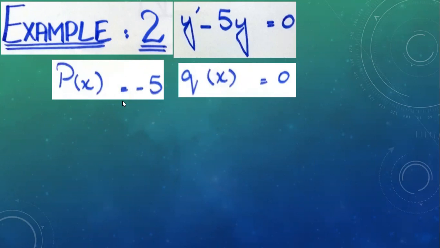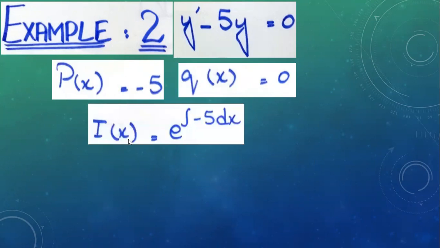Now that we have p of x and q of x, using them we will find our integration factor, that is defined as I of x is equal to exponential power integral p of x dx. Here p of x is equal to minus 5. In the first step, you find the integral and then put it back here. Minus 5 is constant, you take it out, and here you have just 1, and the integral of 1 is x.